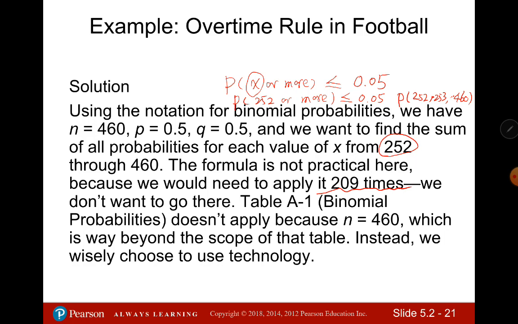If we want to use the formula, each time we should use it for one value. That means we should use the formula 209 times, which is almost impossible, right? So we should use technology to help us.